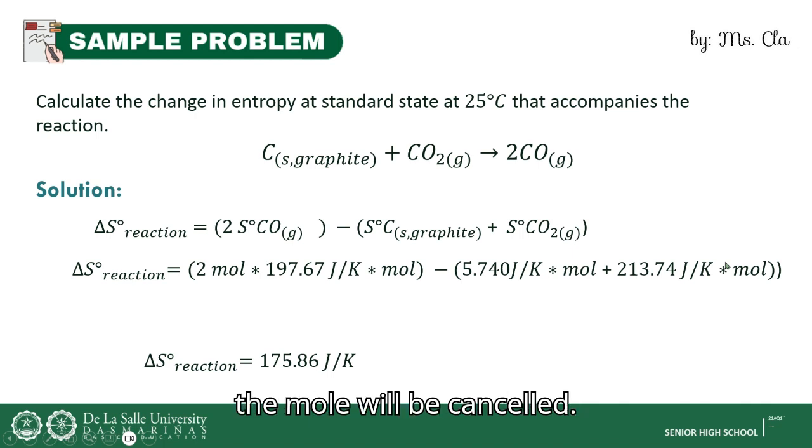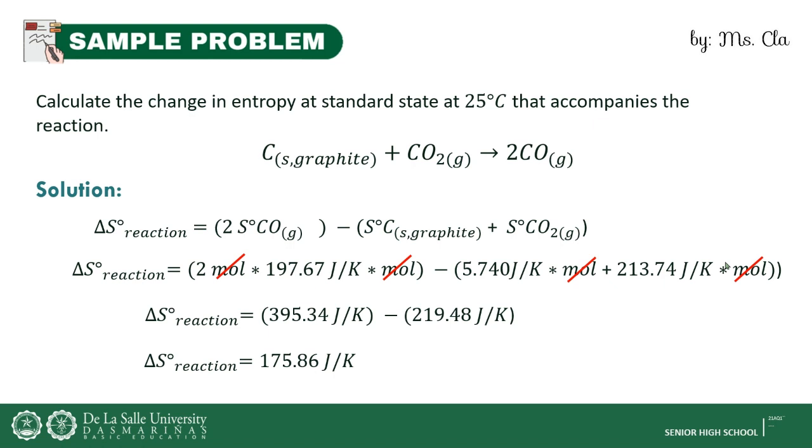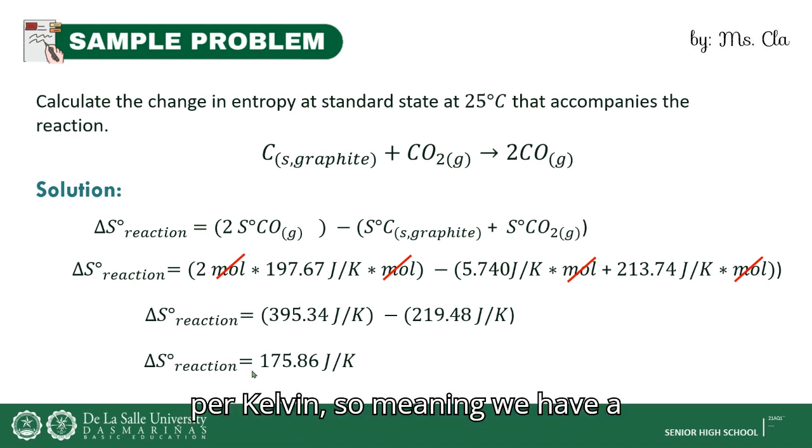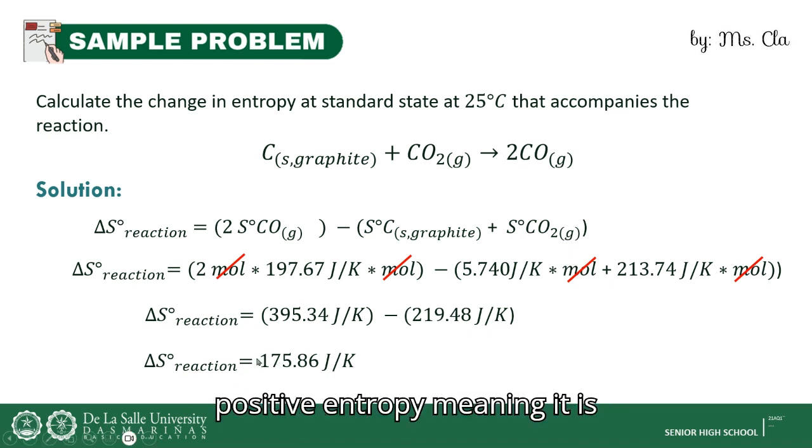Then the moles will be cancelled. So we have here 395.34 joules per Kelvin minus 219.48 joules per Kelvin, and the result is 175.86 joules per Kelvin. So we have a positive entropy change, meaning it is increasing.